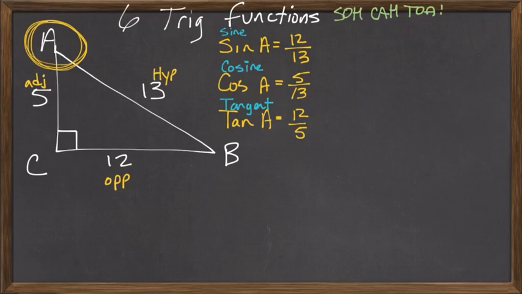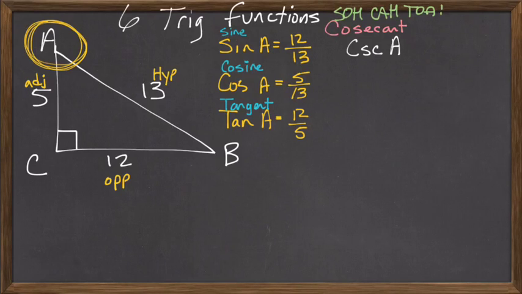The reciprocal of a sine function is actually called cosecant, and we abbreviate it CSC. So cosecant is the inverse or the reciprocal of sine. And when I say the word reciprocal, perhaps you know what that means. Doesn't that mean I flip fractions?